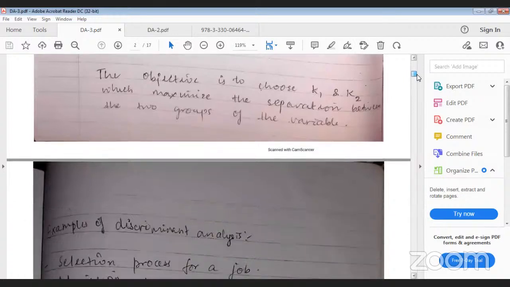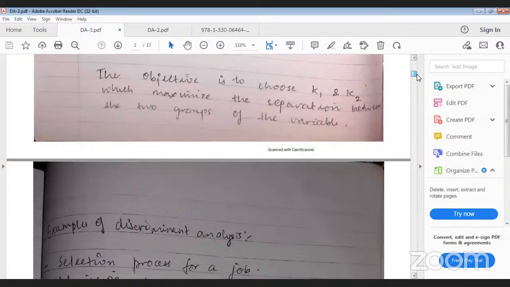What is your objective? For any type of analysis, there must be an objective. The objective is to choose k1 and k2 which maximize the separation between the two groups of the variable. Generally discriminant analysis is used for two classifications: either boy or girl, either educated or uneducated.